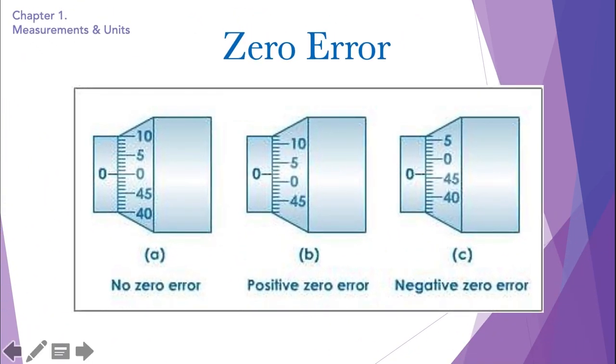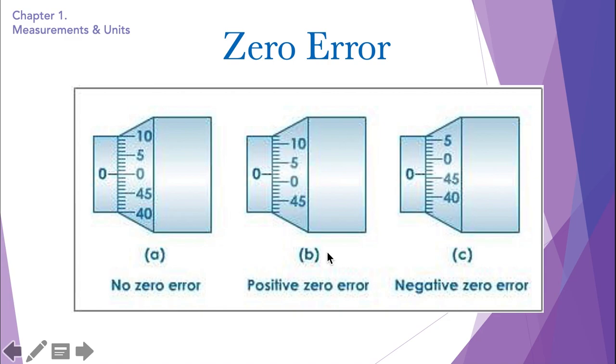Again, the zero error occurs when any instrument shows a reading even when its jaws are completely closed. If a micrometer screw gauge doesn't have a zero error, it will look something like this: the fractional scale 0 would be completely aligned with the main scale 0. But if it has a zero error, then the two zeros will not be aligned.